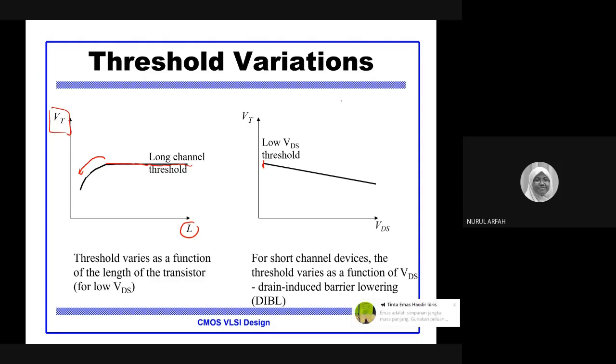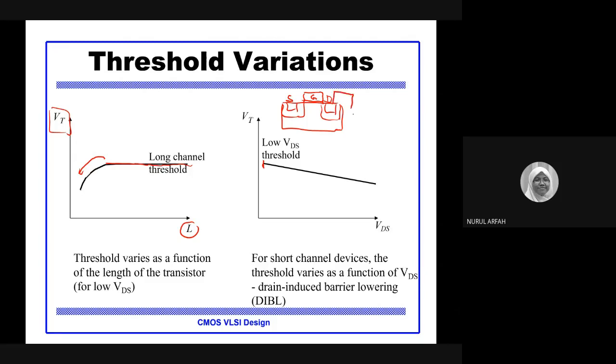If you see the cross section of your transistor under normal conditions, you have the depletion region at the source and drain, and then you have the oxide layer and the gate. So this is a depletion region, but under drain induced barrier lowering, what is this about?